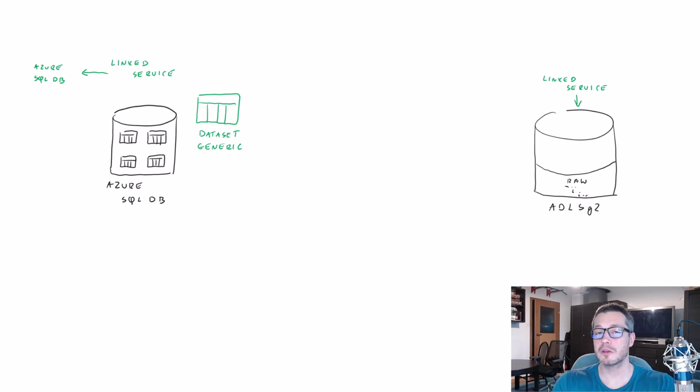We don't know what columns this dataset would store, what data types, how many rows. We don't know this. All we know is that it will be used to store some data read from Azure SQL database. And that's enough. And we will configure it in a way to work with our generic or dynamic linked service. Like so.